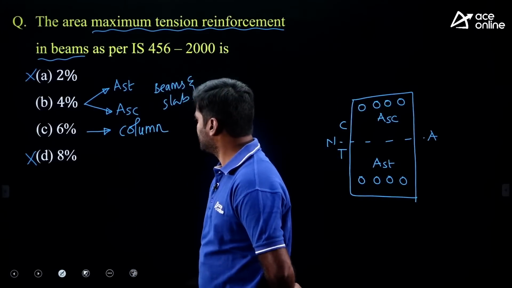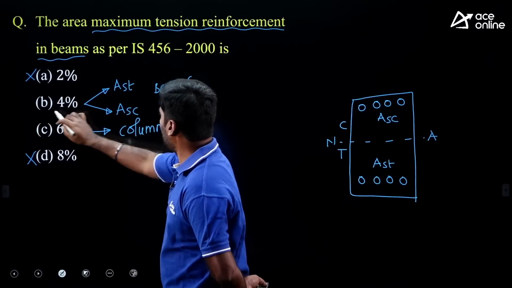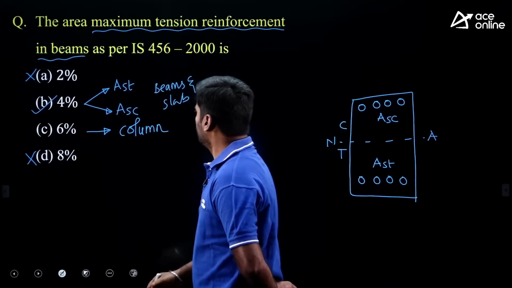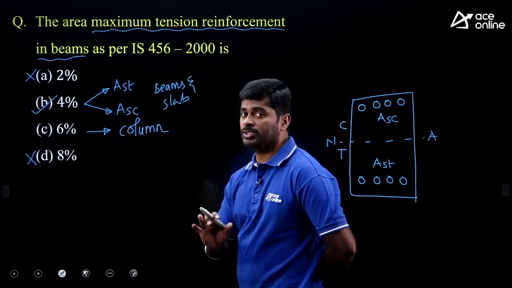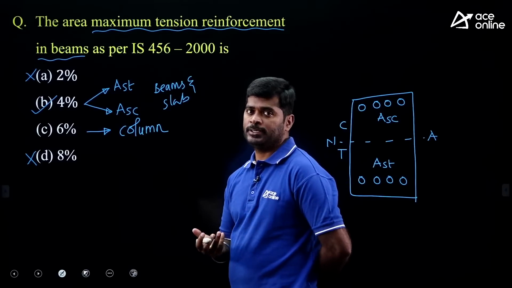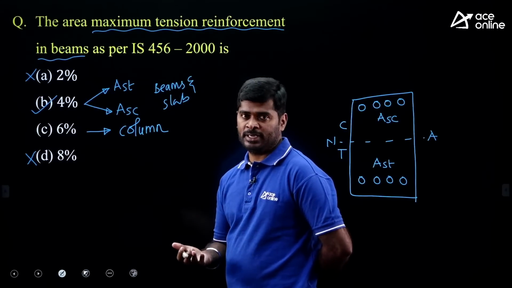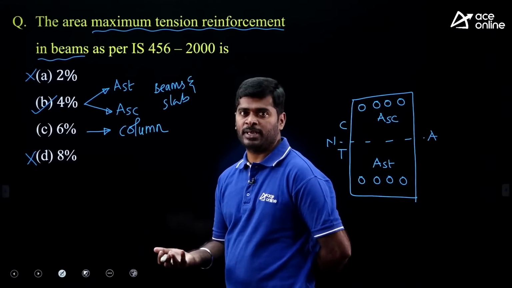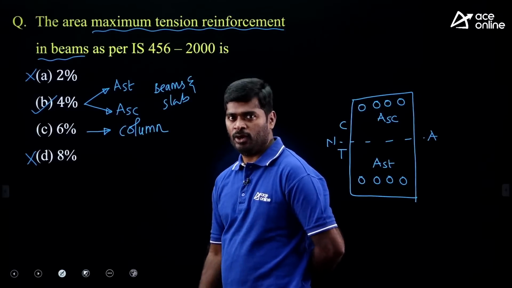So for beams, option B is correct. Sir, what about footings? Footing is nothing but an inverted slab. It is the same as the slab requirement only, 4%, okay.